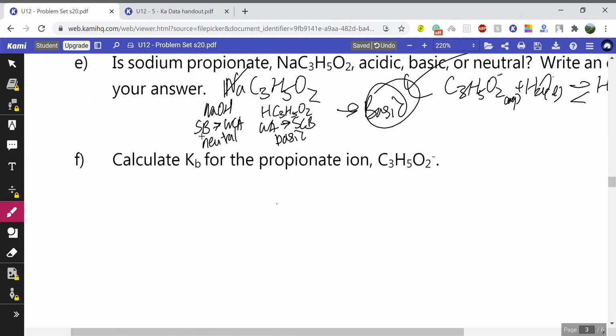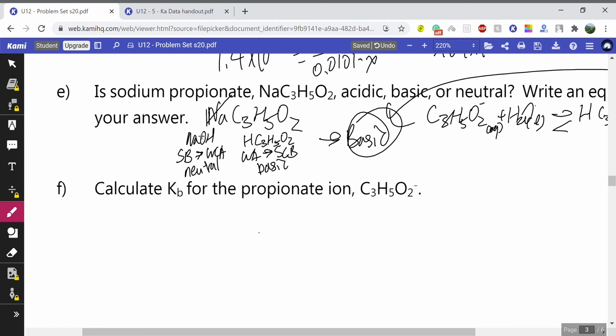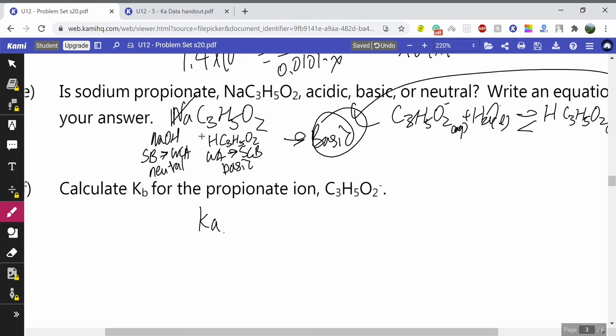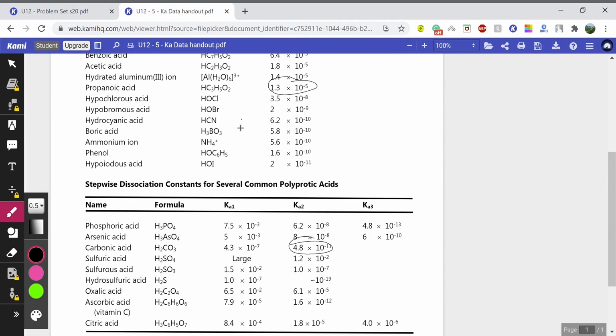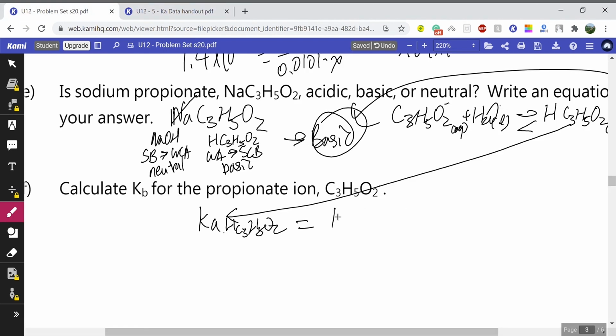Calculate the Kb. Okay, so first let's use the Ka of its conjugate acid, which is HC3H5O2, 1.3 times 10 to the negative 5th power.